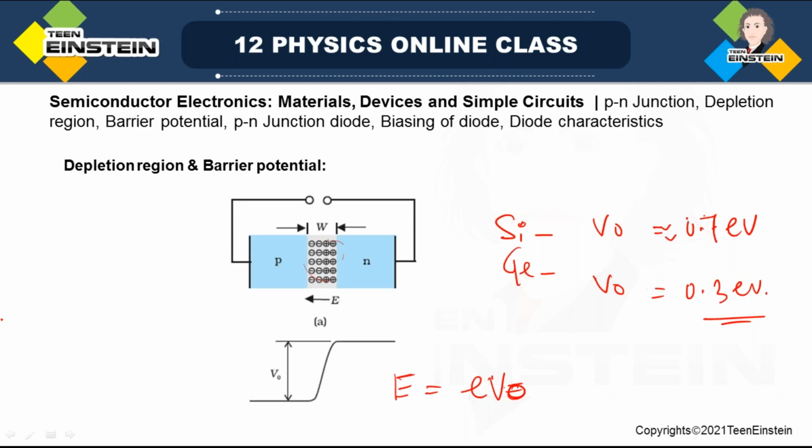Depletion layer thickness depends on temperature, it depends on concentration gradient, and it also depends on the nature of the semiconductor. These three factors control the thickness of the barrier potential or the thickness of the depletion region.